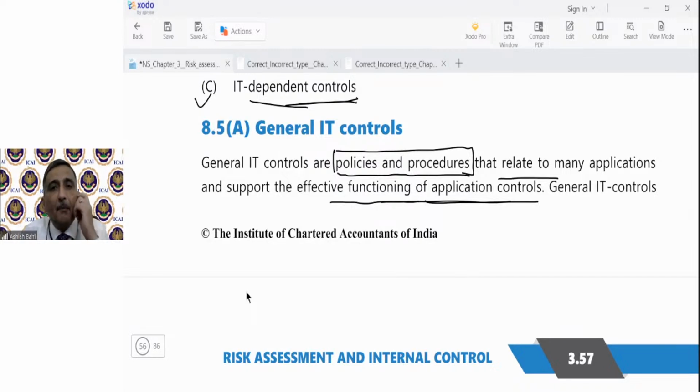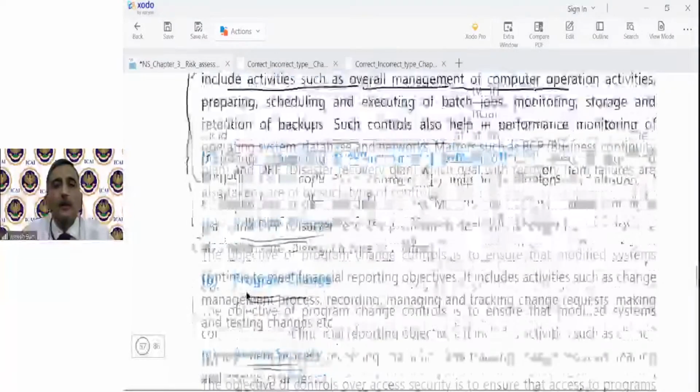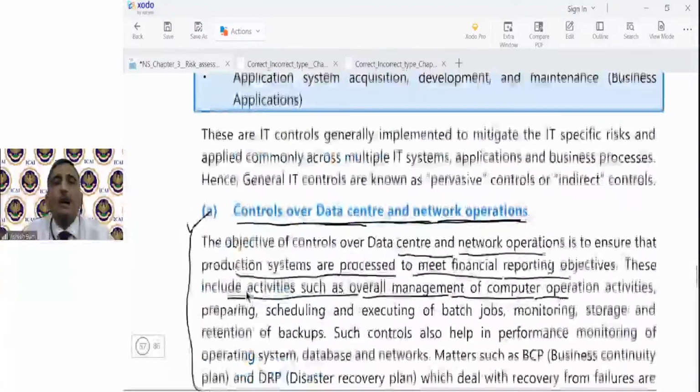These affect many applications, and these support application controls. These are divided further into three categories: controls over data center and network operations, program change controls, and access security controls.